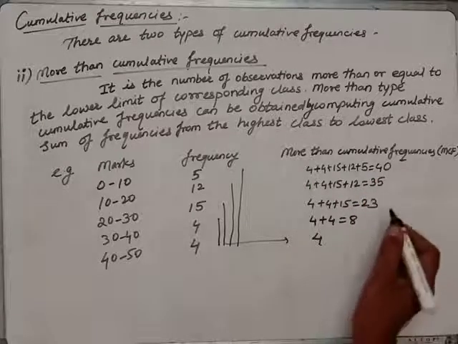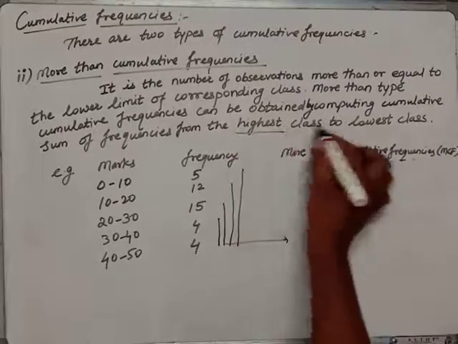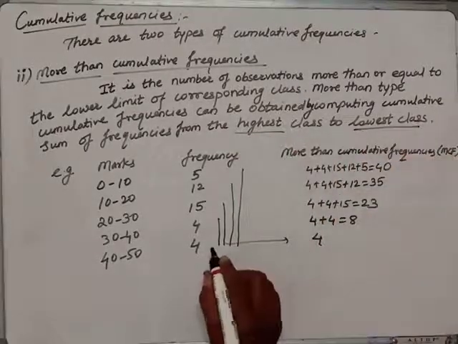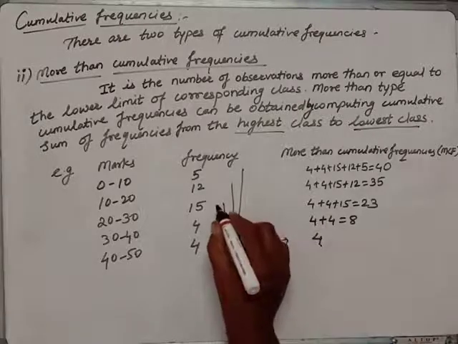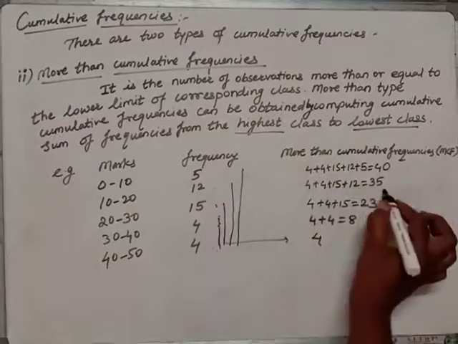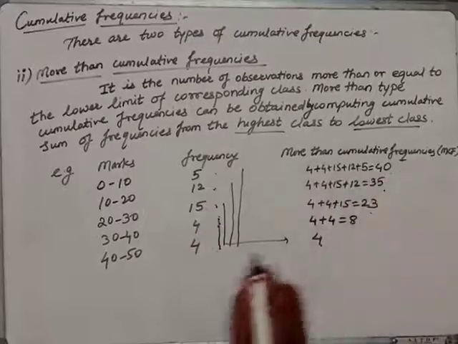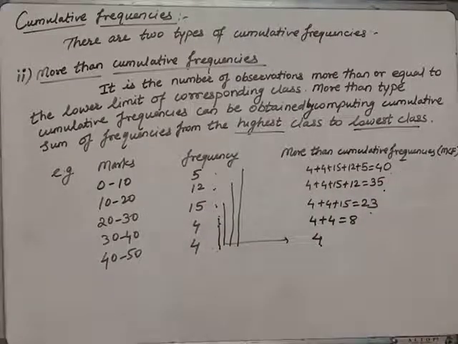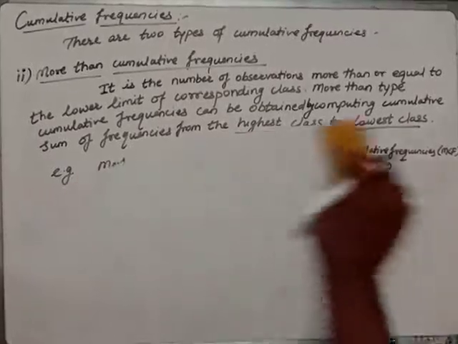So the more than type cumulative frequencies from highest to lowest class are 4, 8, 23, 35 and 40. As such, the more than cumulative frequencies can be determined. And I have already explained the less than type cumulative frequency.